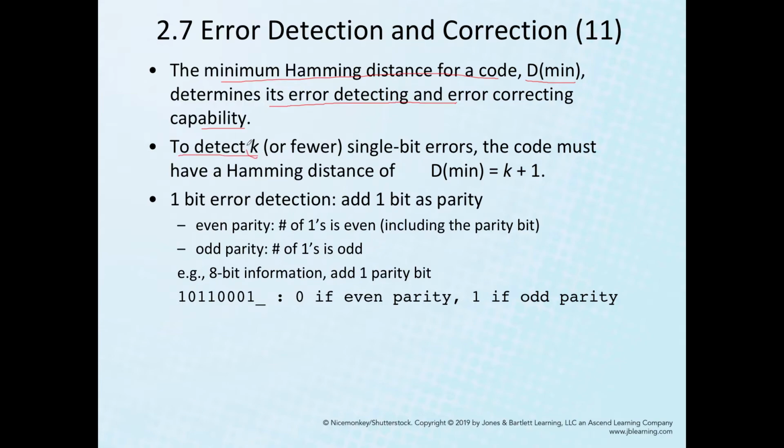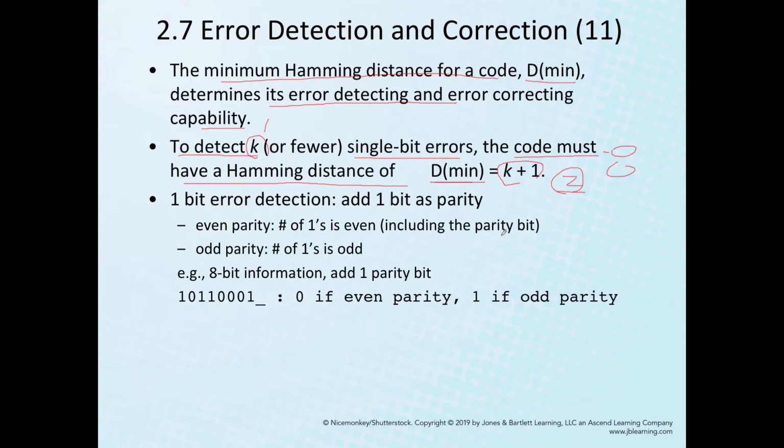To detect k or fewer single bit errors, the code must have a minimum Hamming distance of k plus 1. So if you want to detect 1 single bit error in the code, then the minimum Hamming distance should be 2, which means for all possible pairs of codes, just check the Hamming distance, and the smallest should be 2. Then we can detect a 1-bit error.